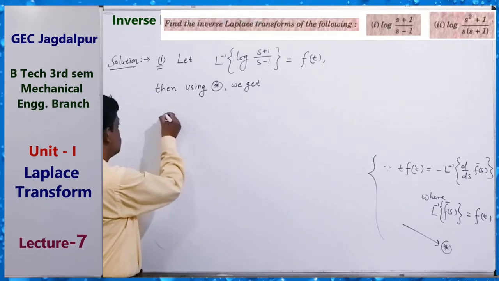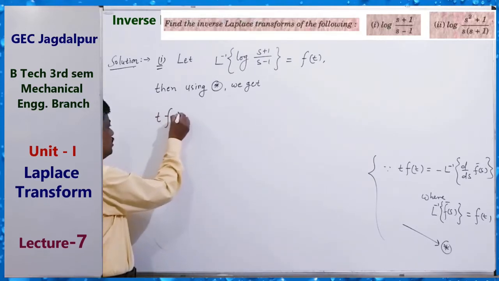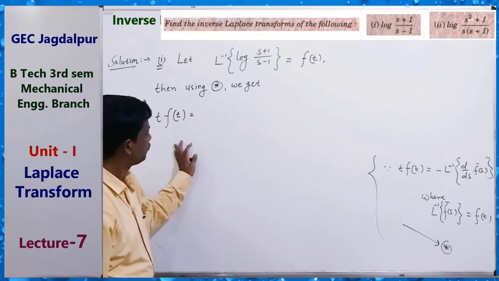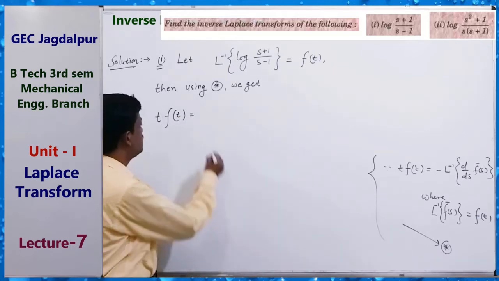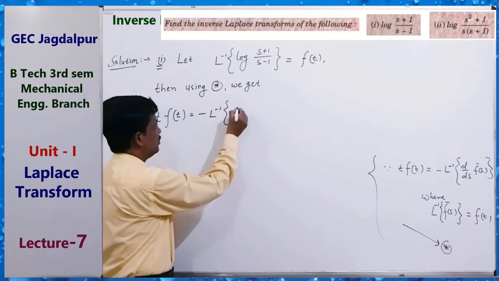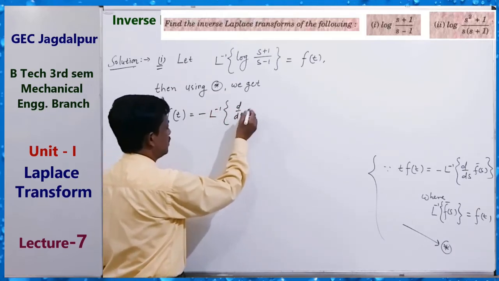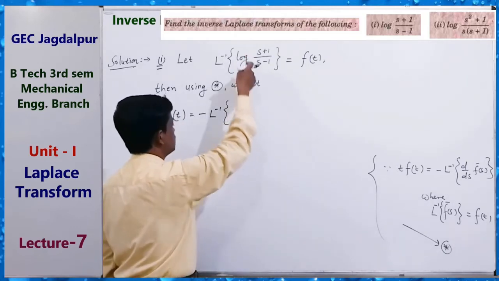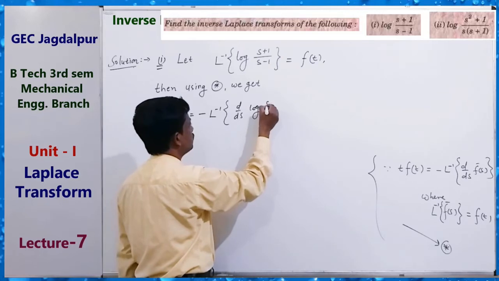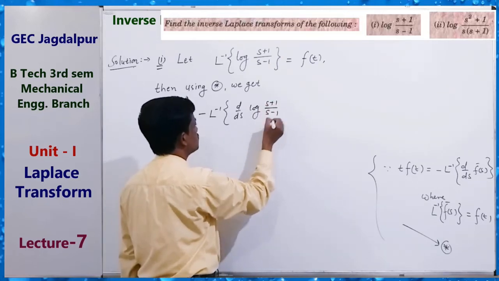So t f(t) equals minus L inverse of d by ds of F(s) bar, that is, for this f(t), log of (s plus 1) upon (s minus 1).